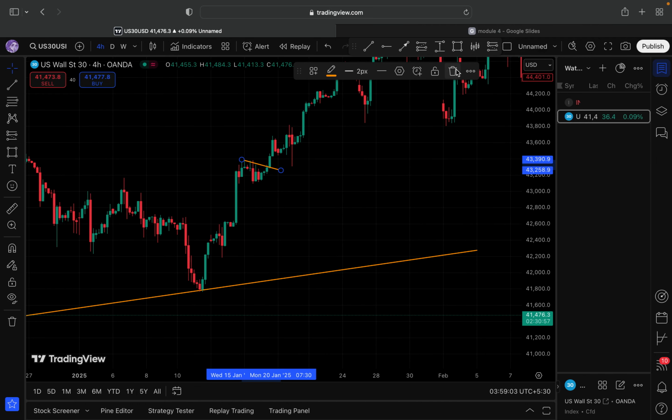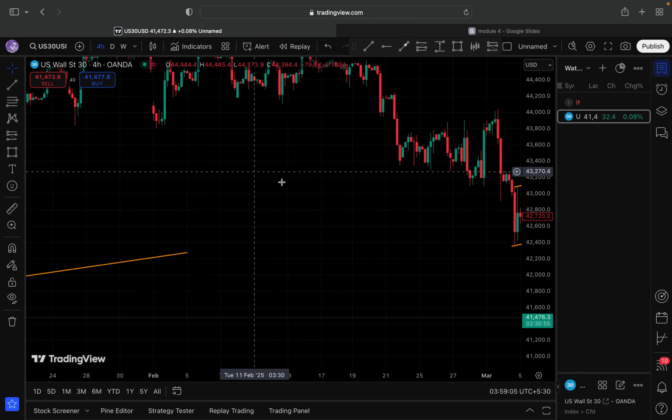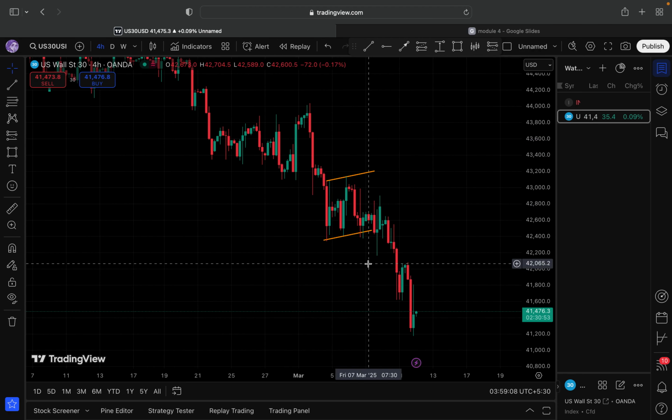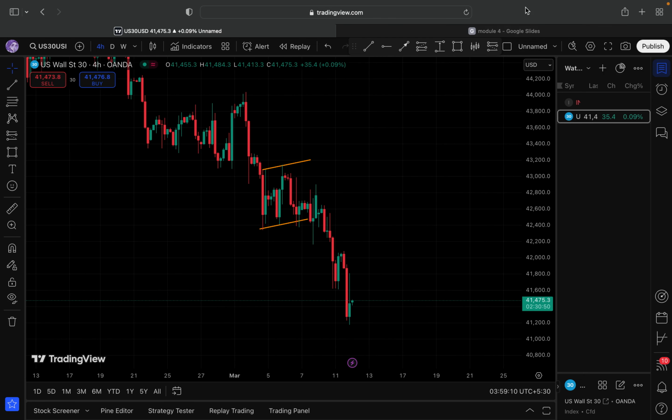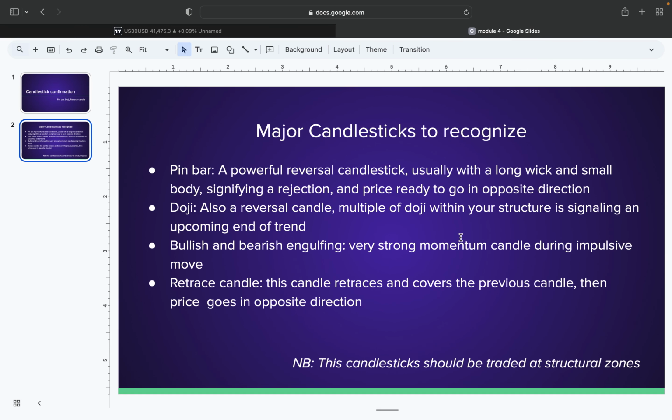That was a clear buy trade continuation pattern. The bullish engulfing candle and bearish engulfing candle are candlesticks that are recognized by the market. It's a very strong momentum candle signaling that the market is having an impulsive move.